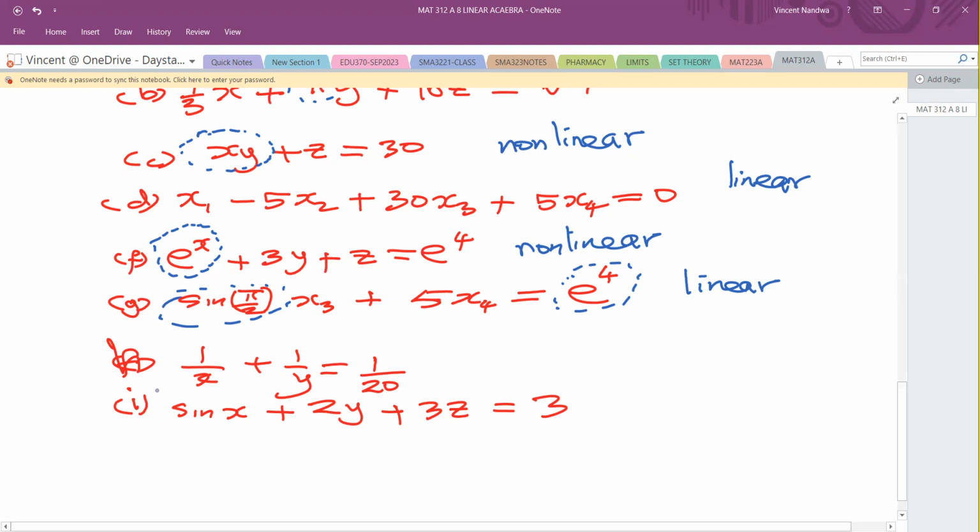So this is the same as having x power negative 1 plus y power negative 1 equals 20. So this is nonlinear because the powers of the variables are not 1.